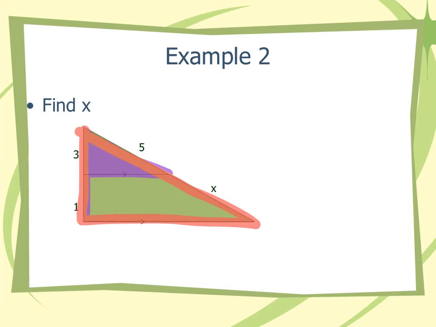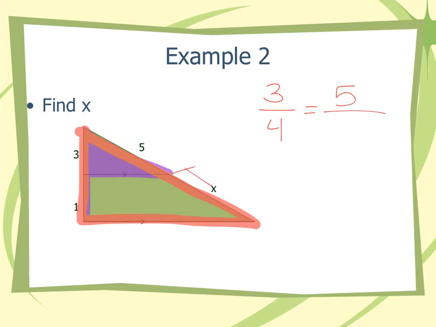So what's the left side of the small triangle? 3. What's the left side of the big triangle? 4. So that's my scale factor. Small triangle to big triangle would be 3 to 4. So if I want to use the right side, what's the right side in the small triangle? And what's the right side in the big triangle?